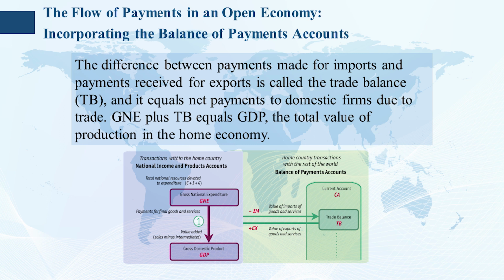These exports must be added to home GNE because those goods are sold by domestic firms and are part of home GDP. The difference between payments made for imports and payments received for exports is called the trade balance, TB, and it equals net payments for domestic firms due to trade. GNE plus TB equals GDP, the total value of production in the home economy.